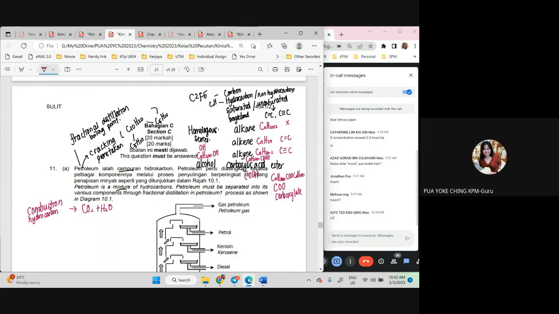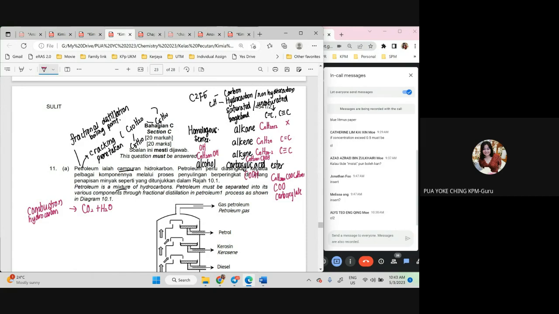Alkane, alkene, alkyne, alcohol, bakar hanya dapat CO2 and H2O. Carboxylic acid dan ester kita jarang bakar lah. Kalau nak bakar pun boleh, tapi kita jarang pakai that one. Okay, so it will always focus on the hydrocarbon only. Alkane, alkene, alkyne, and the one more is alcohol. Okay, combustion, bakar, CO2 and H2O.